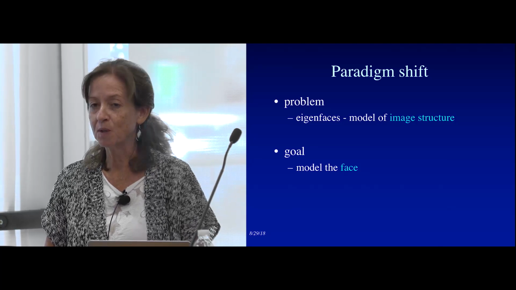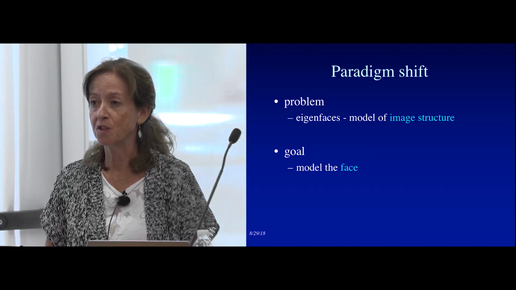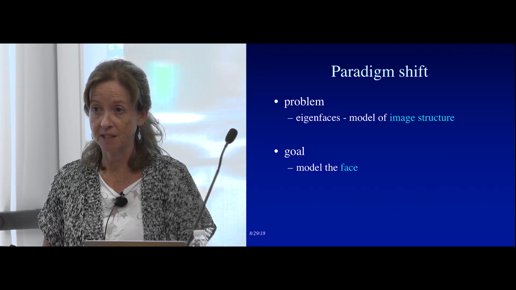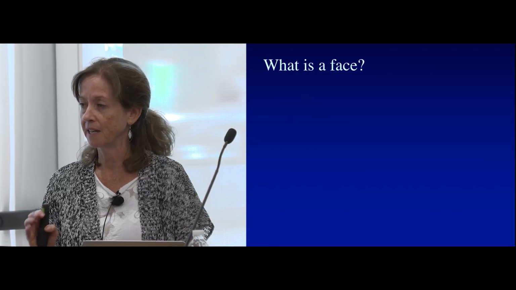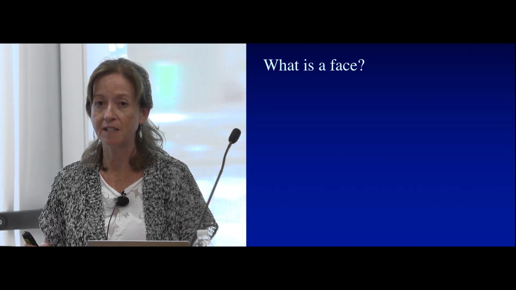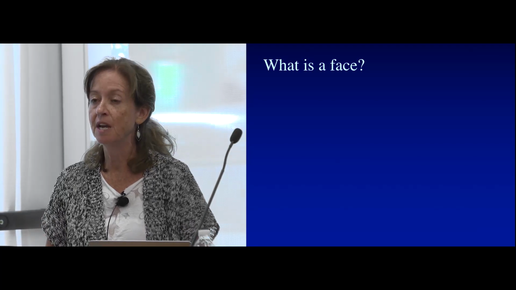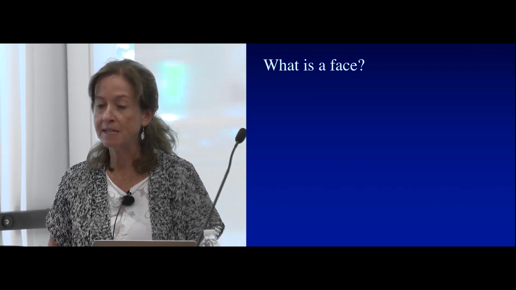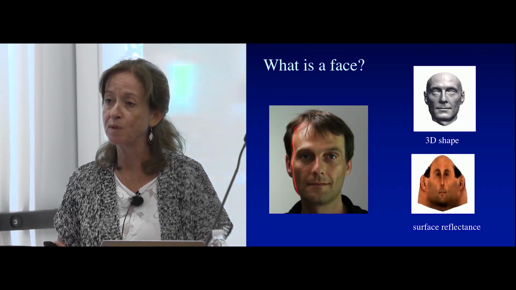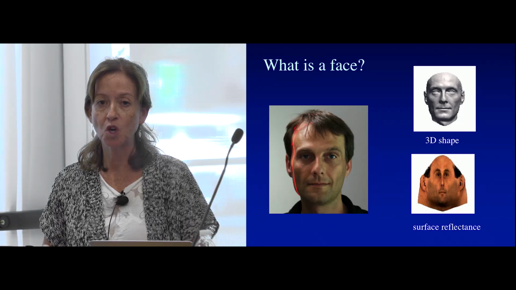Generally speaking, psychologists and computer graphics people and lots of people would prefer to model the information in the face. But there's a big problem in modeling the information in the face. In the early 90s, maybe mid-90s, it became possible to really measure the face in a comprehensive way.